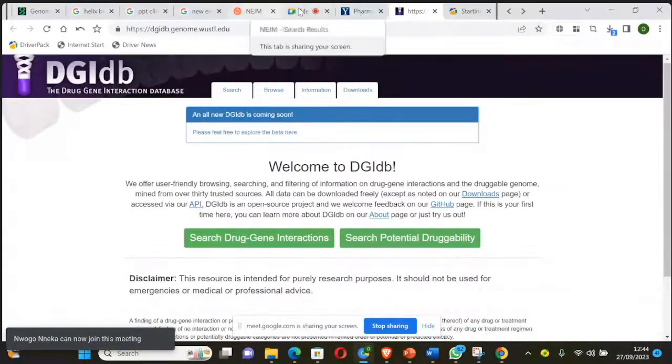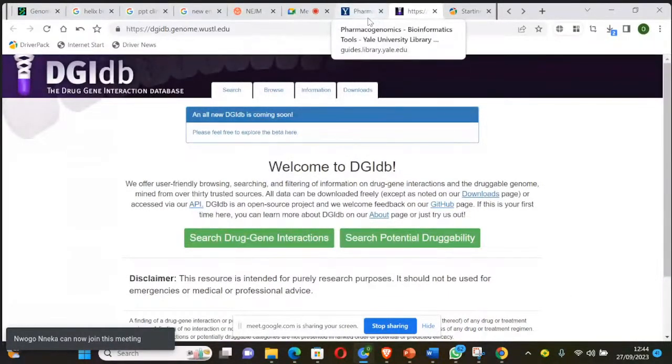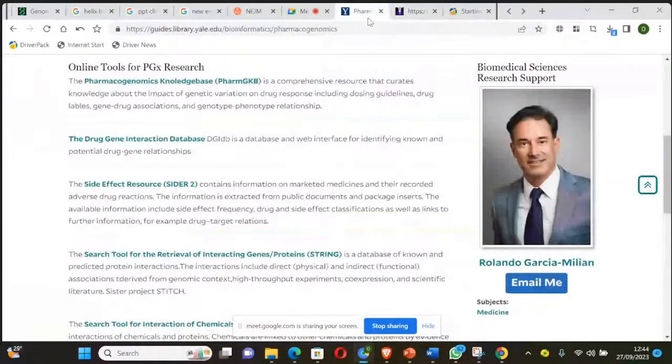So if you have two drugs that you want to give your patient and you are trying to look at how those drugs will interact in the system, this is one of the tools that allow you. And this one actually is for research purposes. It should not be used for emergencies and medical.